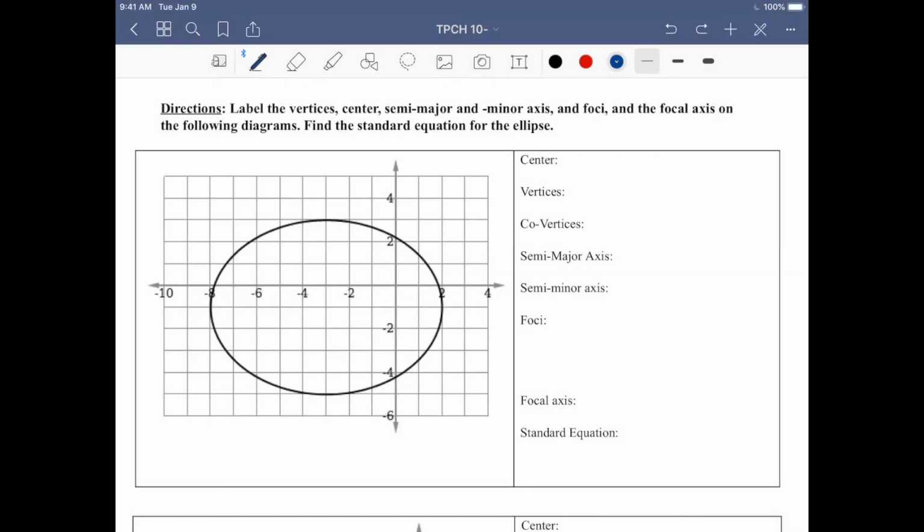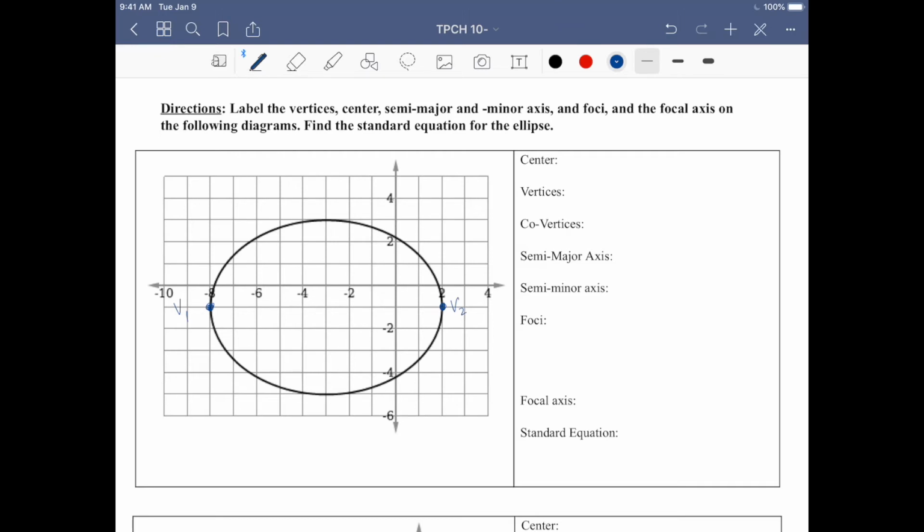So we're going to mark up this graph and find the following properties. If you have a graph of an ellipse, the easiest thing to do is to find the vertices. So here's my first vertex. I know it's my vertex and not my co-vertex because it stretches horizontally. So my major axis is going to be horizontal.